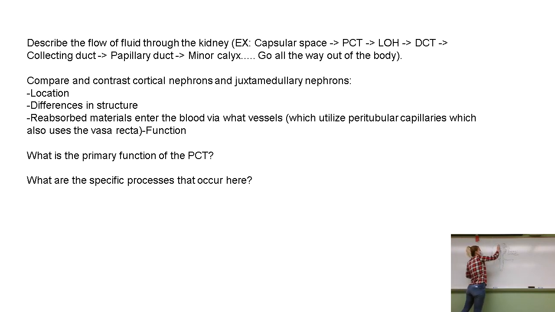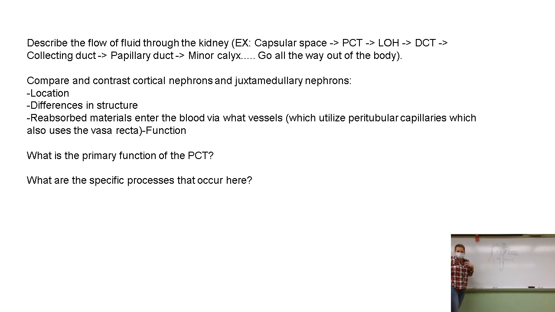Then, after the tubular fluid makes its way through the distal convoluted tubule, where is it going to go? Good job. It goes into the collecting duct, right? Each of these little nubs that I'm drawing right here, these are where other nephrons are passing urine into the collecting duct. Once it comes into the collecting duct, it's pretty much urine.